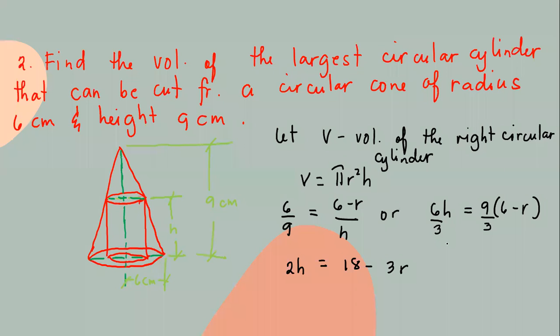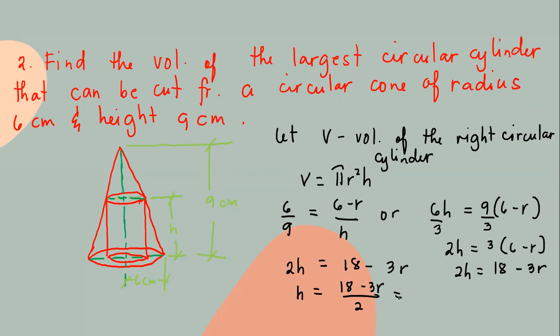Therefore, we have 2h is equal to 9 over 3, that is 3, times 6 minus r. Then distribute your 3, you have 2h is equal to 18 minus 3r. So that is how we got 2h is equal to 18 minus 3r. From this, get your h, which is equal to 18 minus 3r divided by 2.